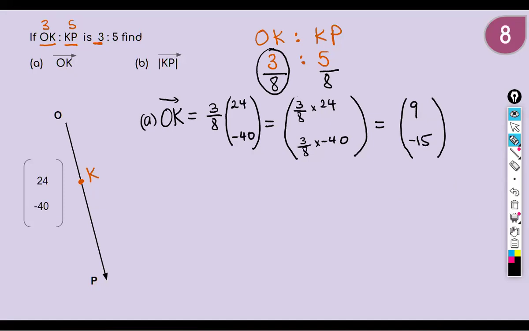So OK is 9 over minus 15. If you write it as 9i minus 15j, I will take it as correct.